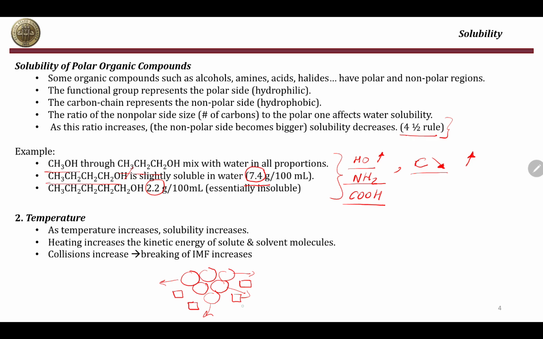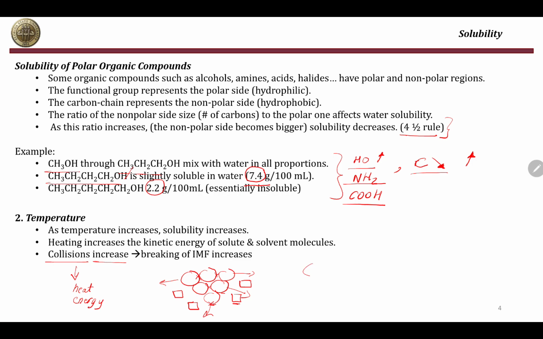And because of this high kinetic energy, collisions will start to increase. So we will have more collisions between the solvent molecules themselves and between the solvent and solute molecules. Collisions usually lead to the formation of heat or energy, and this energy will be used to break the intermolecular forces which are keeping the solvent molecules together.